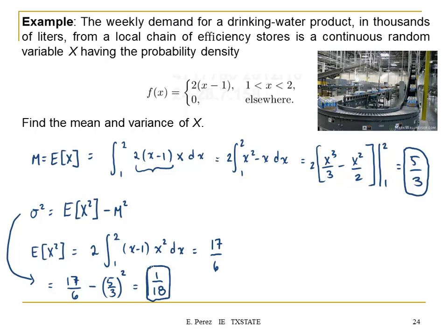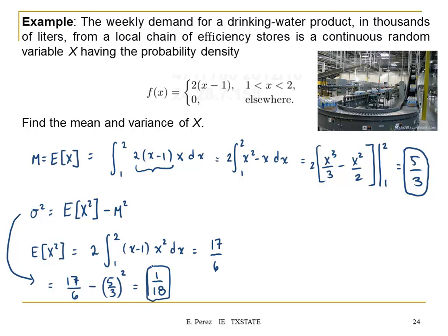And that's your variance. Any questions? So it's basically the same thing we've been doing today, but in this case it's a continuous random variable. We have the density function for the random variable x.